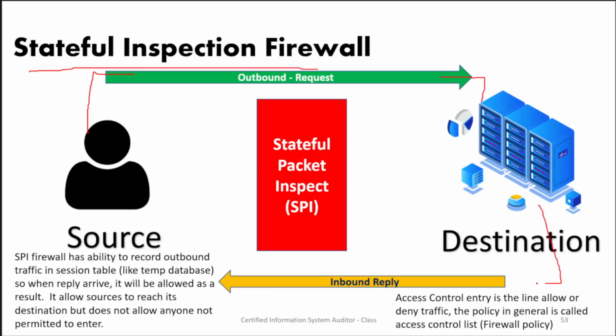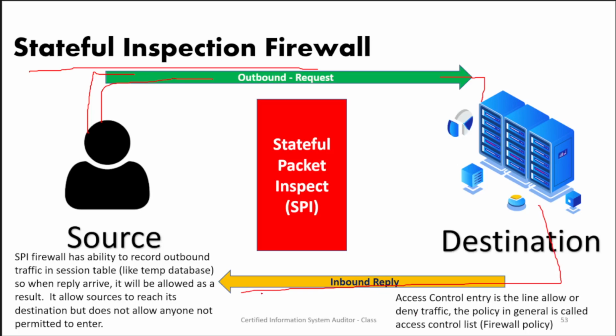So in case an inbound reply comes, because there was traffic sourced from my network requesting this asset, then the stateful packet inspection firewall will grant this access or allow this response.